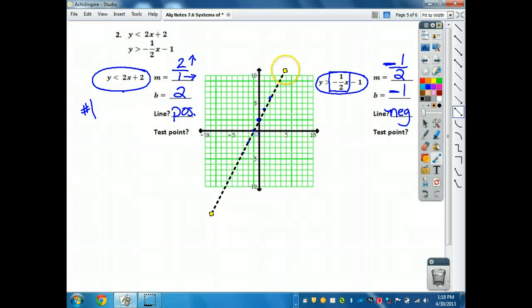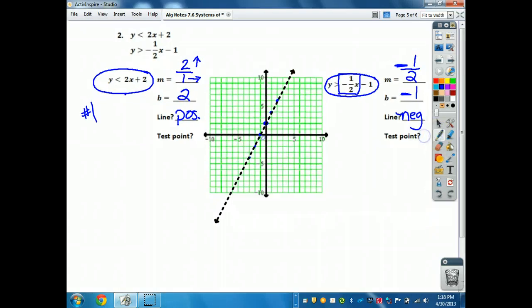How's that look? Pretty close? Now what do we do? Do the next one. Where do I start with the next one? Down 1 to the -1 is my y-intercept, so down here at the -1. Now, here I'm going to left or right 2? Right.